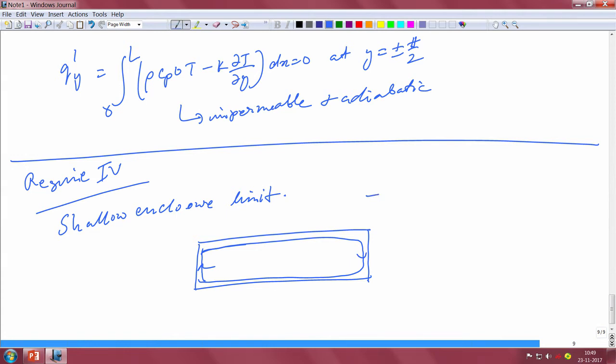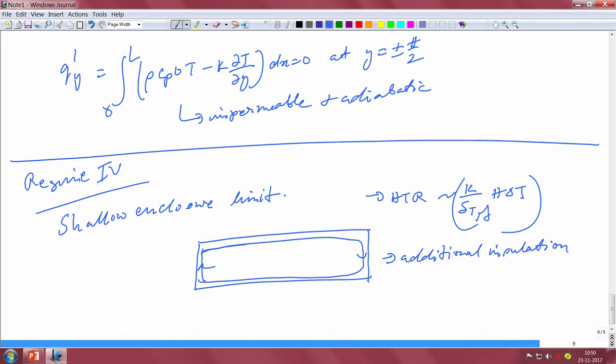Here the heat transfer rate still scales as k ΔT H, the scaling is still that. In addition, you have additional insulation provided by the long horizontal core of the cavity.